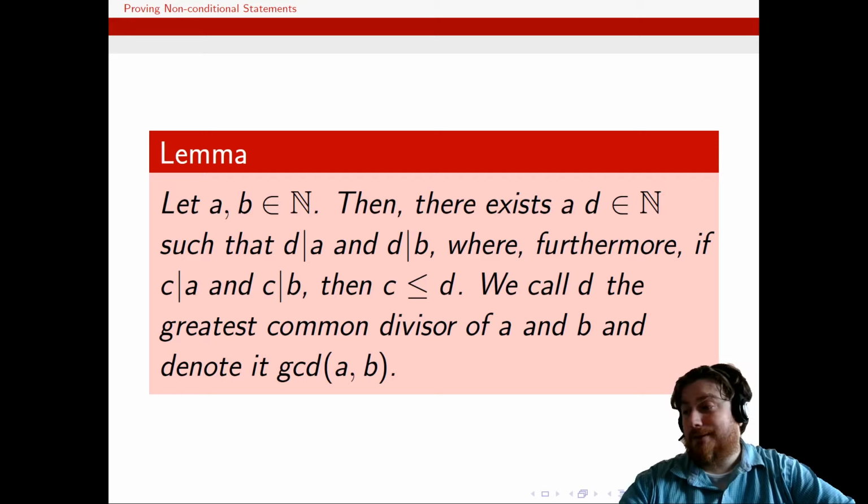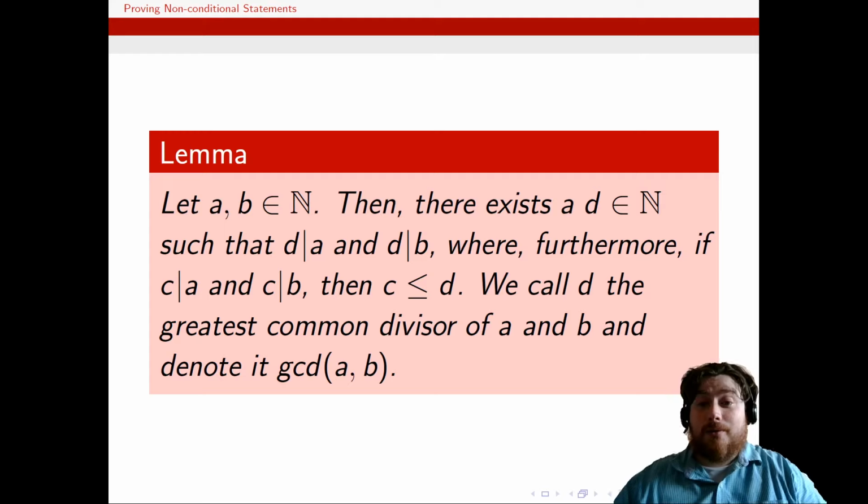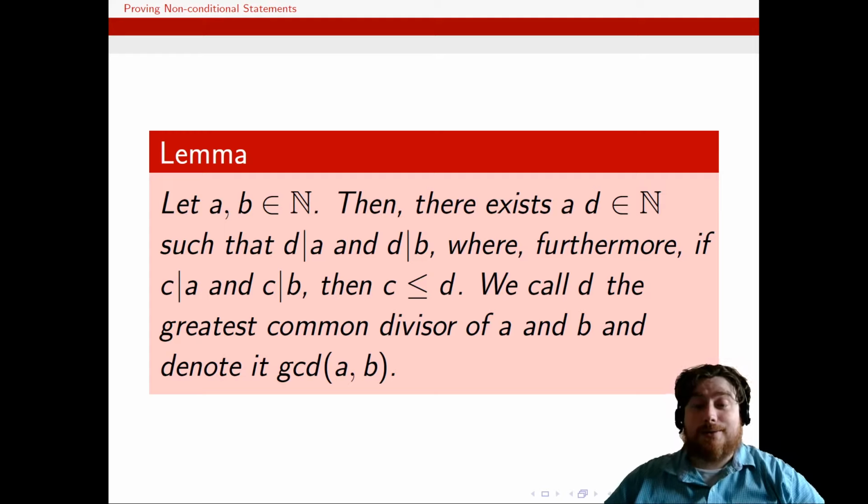All right. So how am I going to show such a number exists and is unique? Well, what I'm going to do is show that if I find the set of common divisors, it's going to form a set, and d is going to be the greatest common divisor. So if I can show that the set of common divisors has a unique greatest element, then I'll be done.